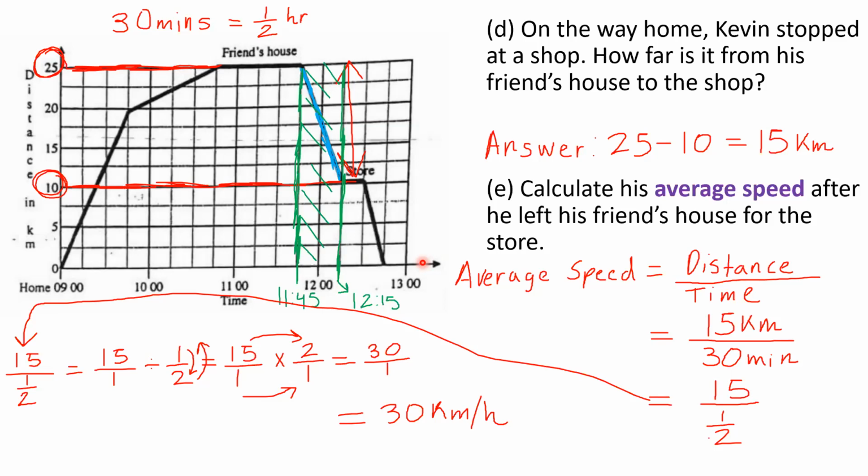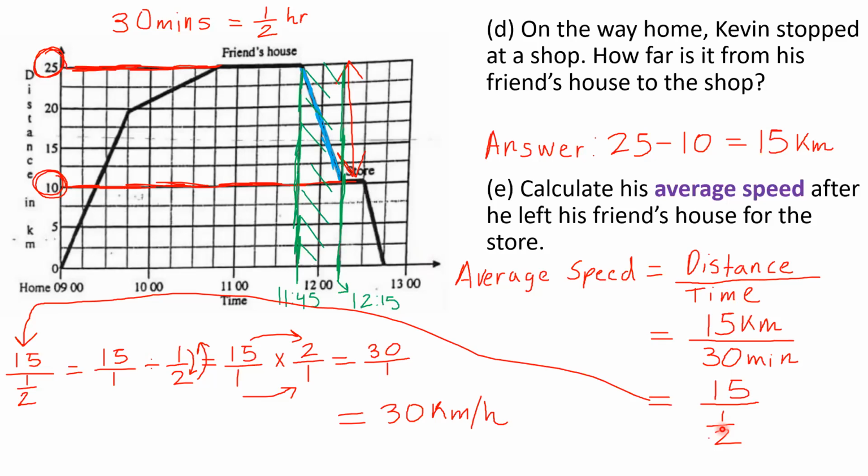That's always true because an hour is how many minutes? I'm sorry, 60. An hour is 60 minutes. So if an hour is 60 minutes, what is half of 60? 30. So that's how we know that 30 minutes is half of an hour.